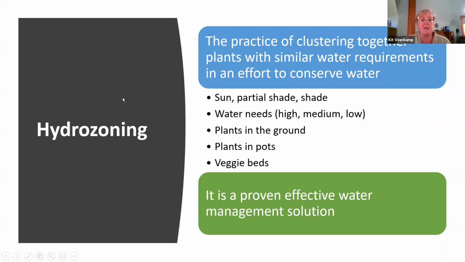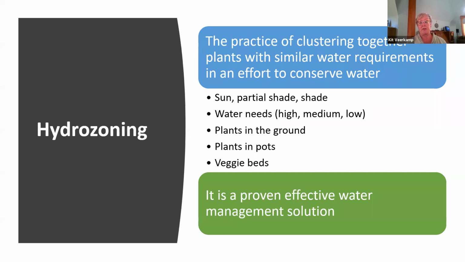So anyway, hydrozoning, just to recap, is the practice of clustering plants with similar water requirements together. You want to cluster plants by, number one, their water needs, but also whether they require full sun, partial shade, or full shade. And then obviously you're going to have plants that are in the ground versus plants in pots.